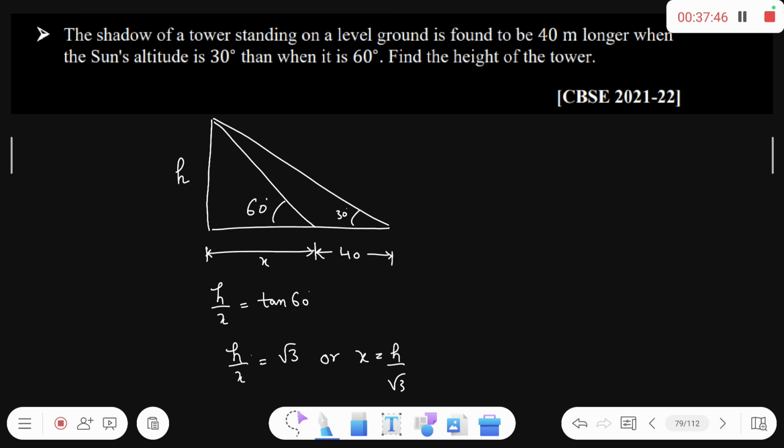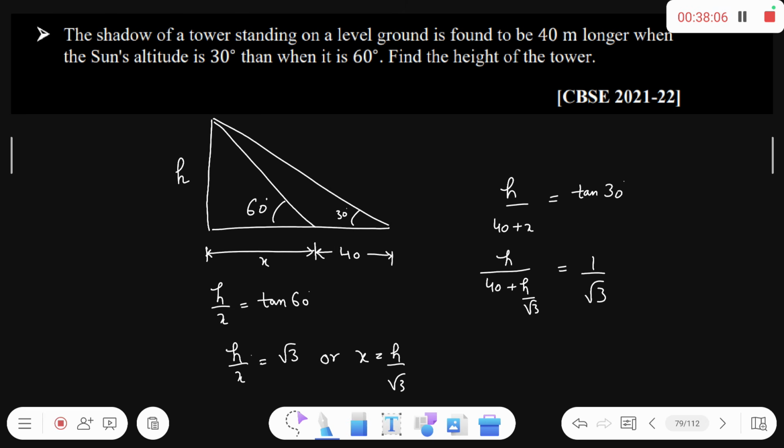Now again, h upon 40 plus x is equal to tan 30. Tan 30 is 1 upon root 3. So in place of x, we're going to put 40 plus h by root 3.